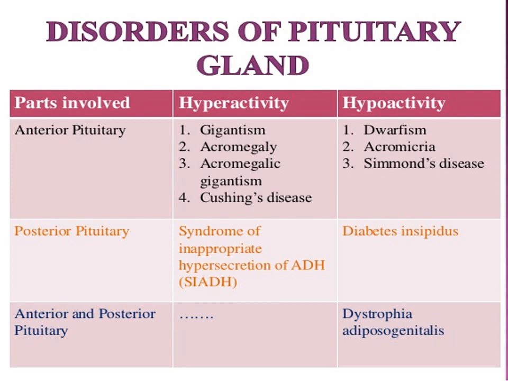Hypoactivity results in dwarfism, or short stature. In the posterior pituitary, hyperactivity results in syndromes like syndrome of inappropriate secretion of ADH, and hypoactivity results in diabetes insipidus.